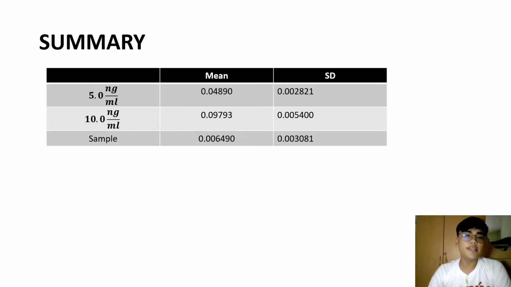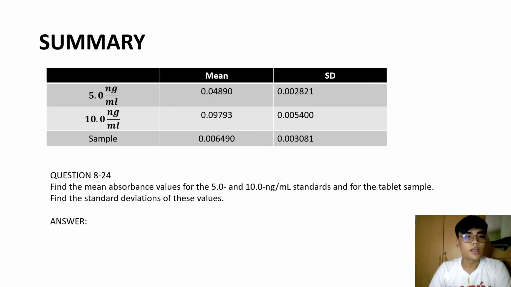So for the summary, 5.0 nanogram per milliliter yields a mean of 0.04890 with its standard deviation of 0.002821. And for the 10.0 nanogram per milliliter, we have 0.09793 and its standard deviation is 0.005400.